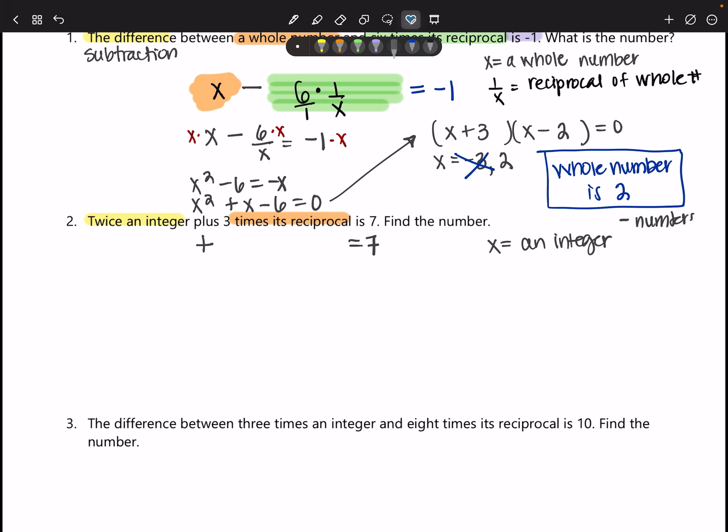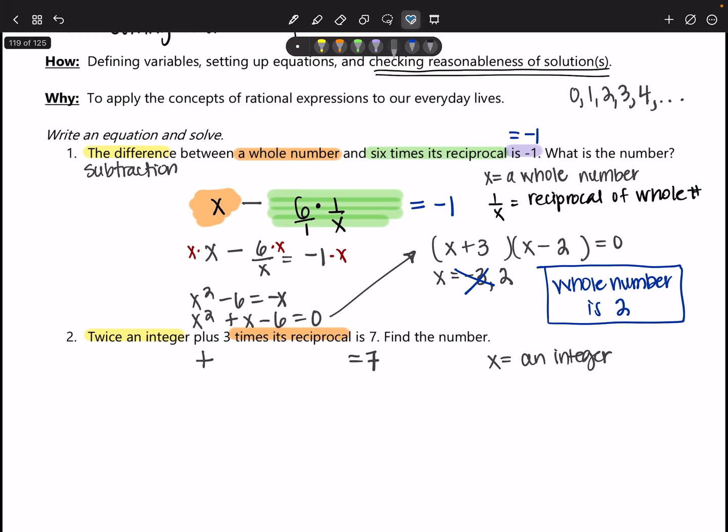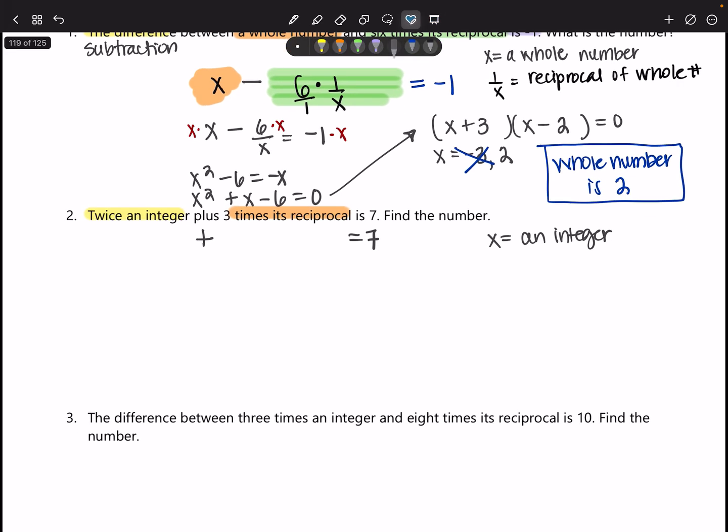Actually, let me explain it this way. It's not negative numbers, it's whole numbers and their opposites. So these whole numbers, 0, 1, 2, 3, 4, and their opposites, so -1, -2, -3, -4. That's an integer. And its reciprocal is going to be 1 over x. So that's the reciprocal. And then 3 times that reciprocal will be 3 over x.